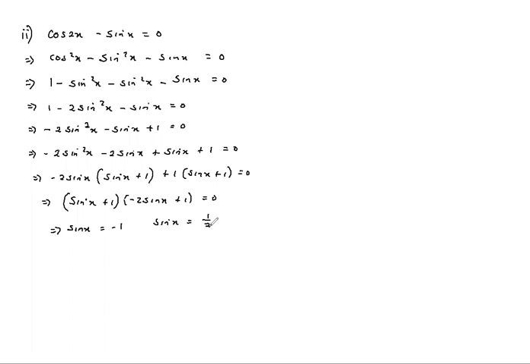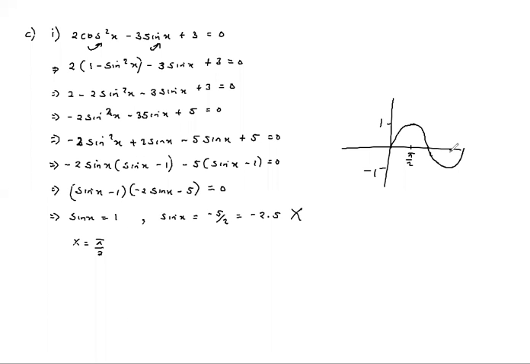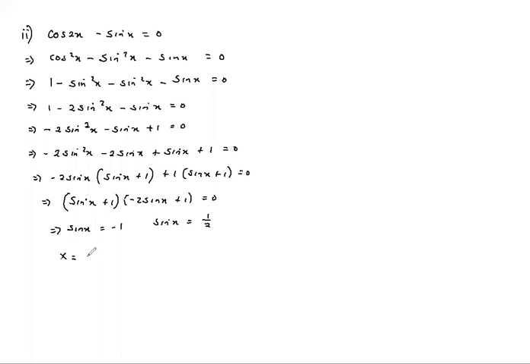Now for negative 1, you can see from the sketch we only have one number, that is 3 pi over 2, which is 270 from the graph. So x here is 3 pi over 2. Where we have issues is on the half.